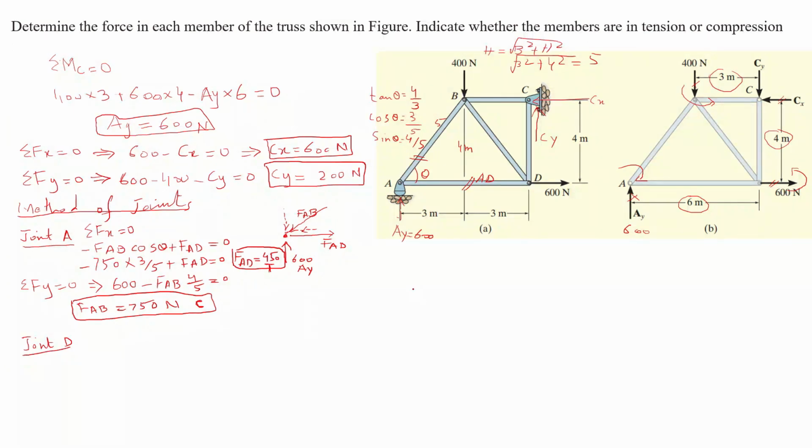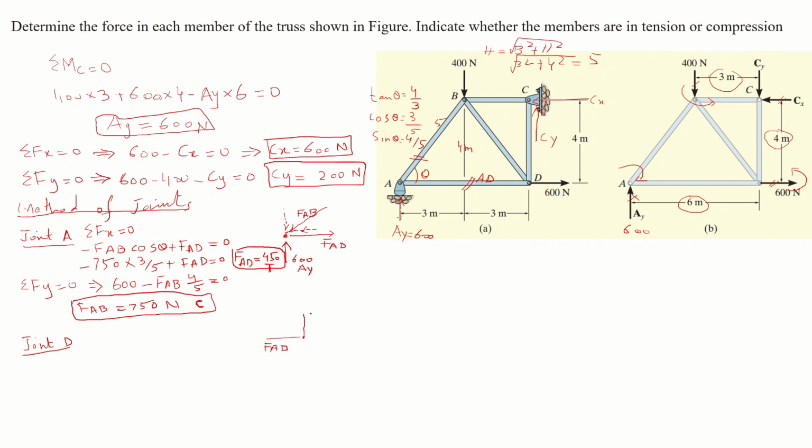And at joint D, first we need to draw a free body diagram of joint D. So let's say this is joint D, and this is this vertical member, and this is a horizontal member F_AD.